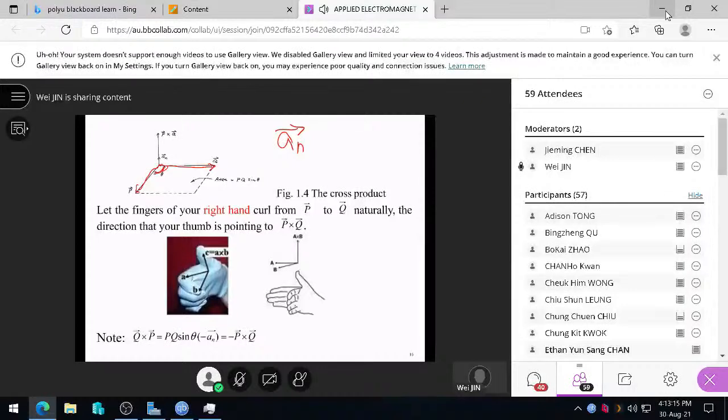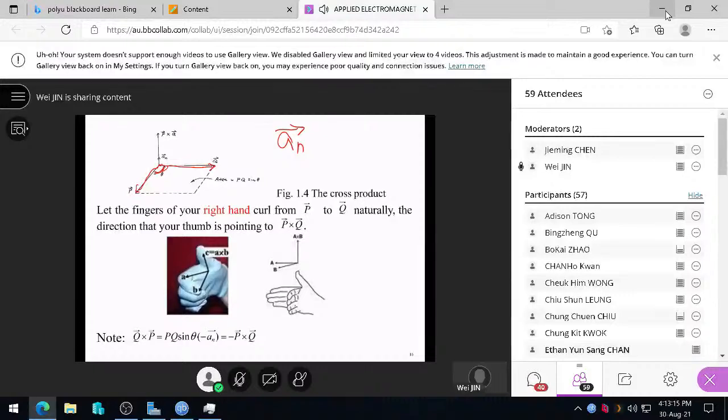Similarly, for Az, remove this row and column, and you have these four left. So you get (-1) to the power of 1 plus 3. Row 1, column 3 gives you a positive value. So you have three components.